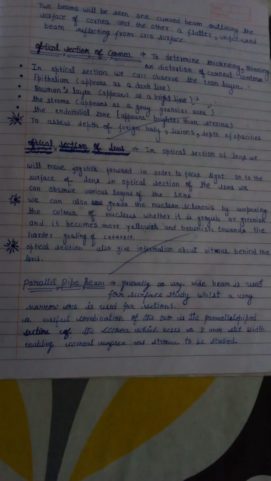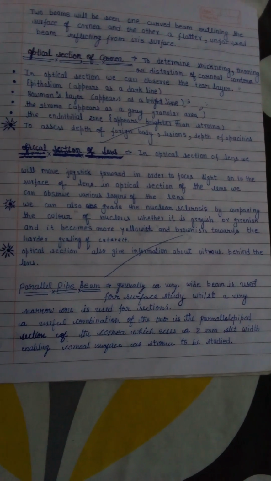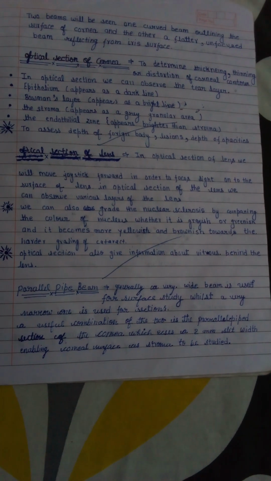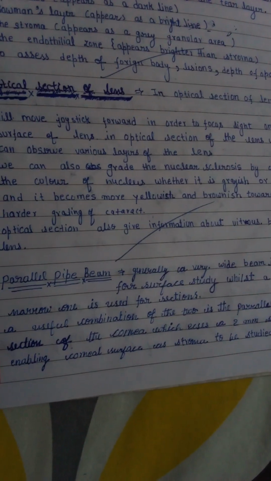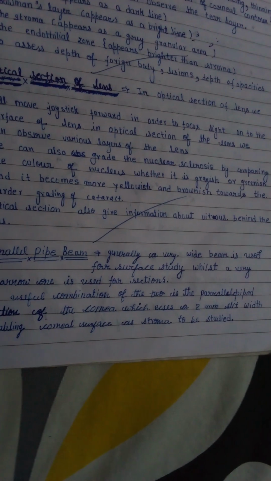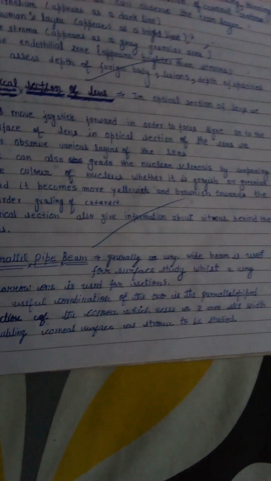Generally, a very wide beam is used for surface study, and a very narrow one is used for sections. So we will use the parallel pipe beam for observing the different surfaces of the eye, and in the parallel pipe beam, two parallel beams are formed.